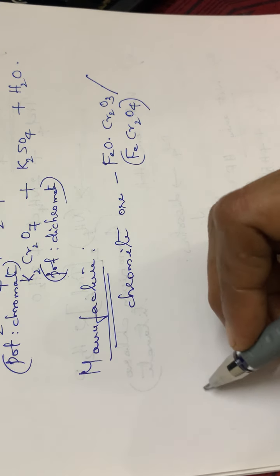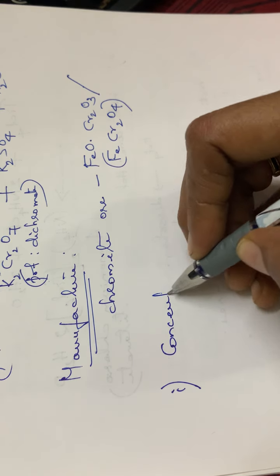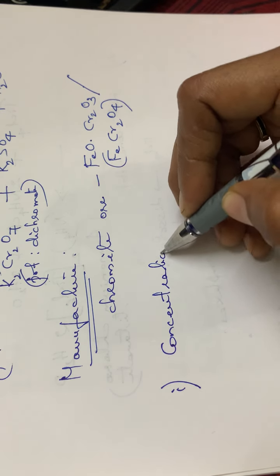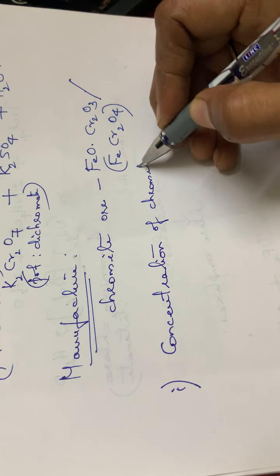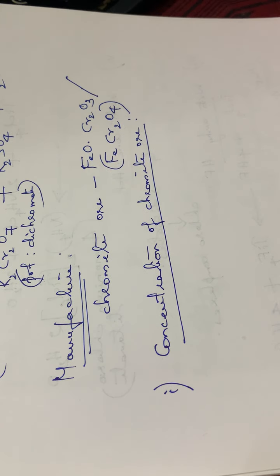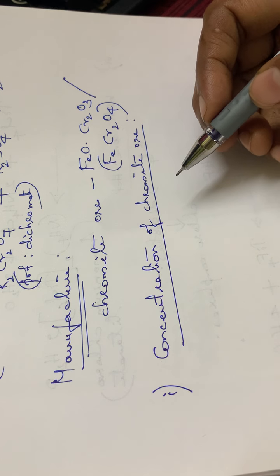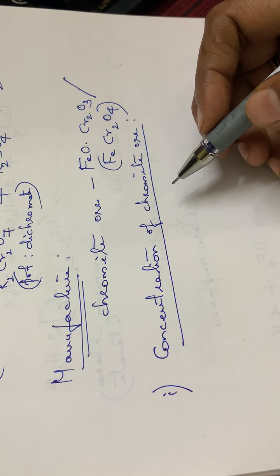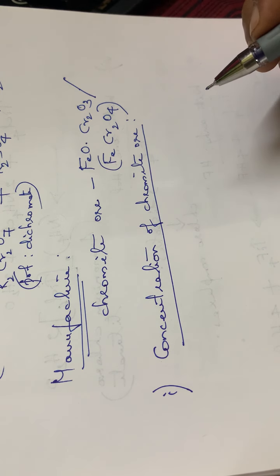So the first step is the concentration of the chromite ore. We can go through one by one. Usually, while we have to obtain a metal, we have to concentrate the metal from that particular ore.